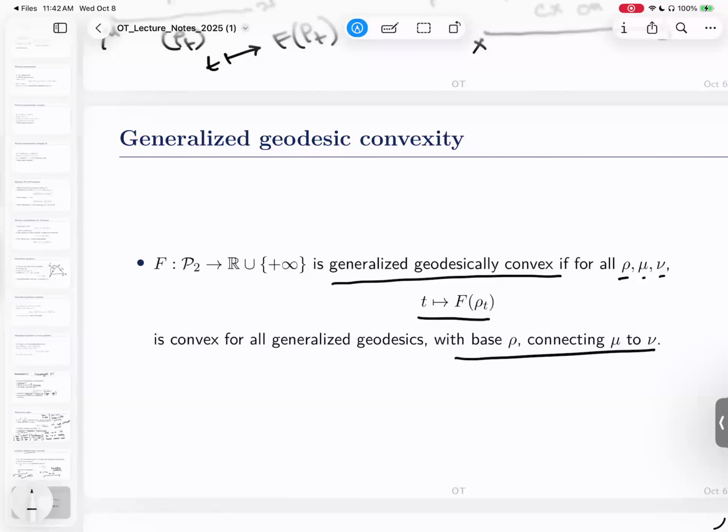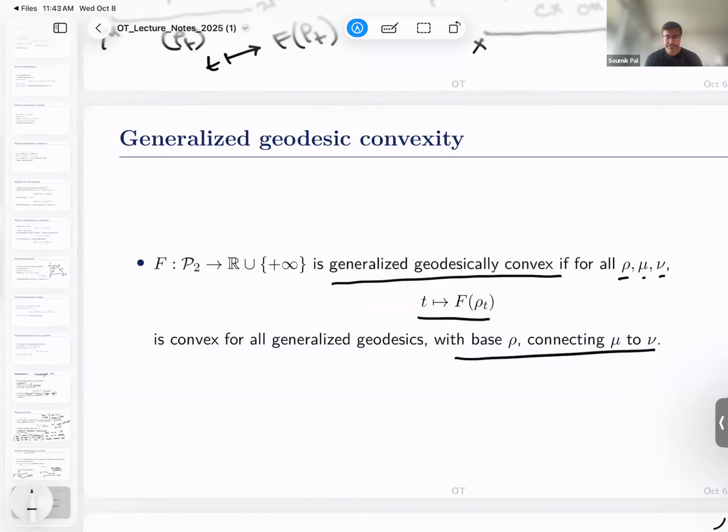Okay, so same deal. What curves I'm considering is changing, but otherwise it's exactly the same. I'm looking into either the plain vanilla geodesic connecting mu and nu, or I'm looking into the generalized geodesic connecting mu and nu, and I'm looking into this one-dimensional function.